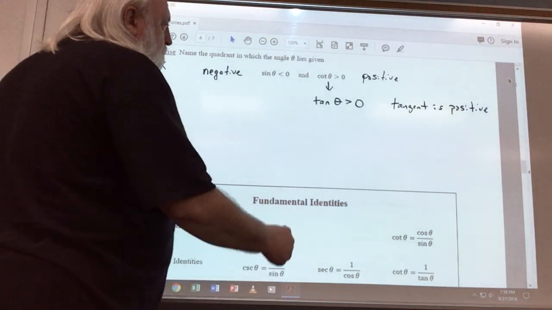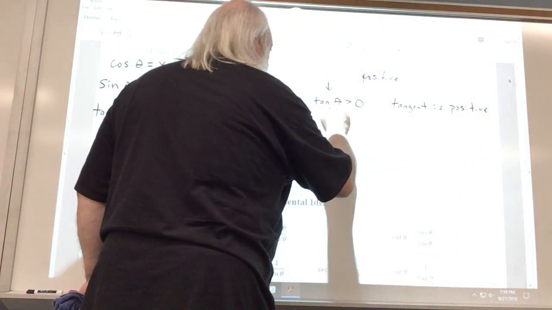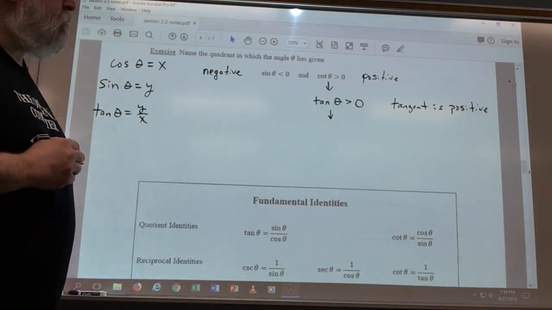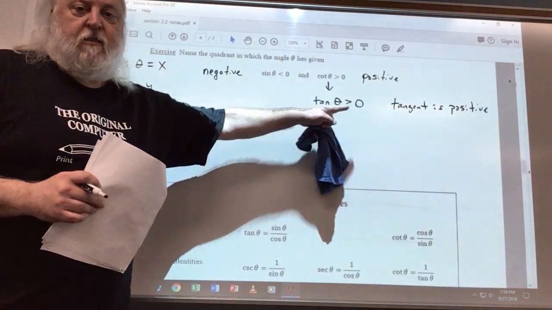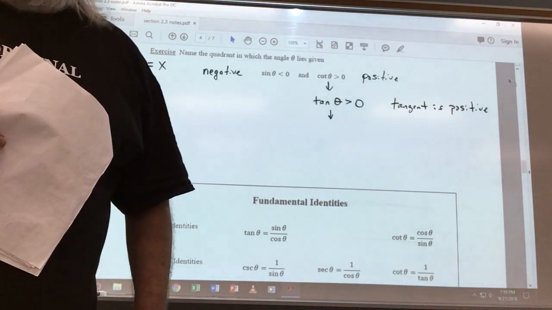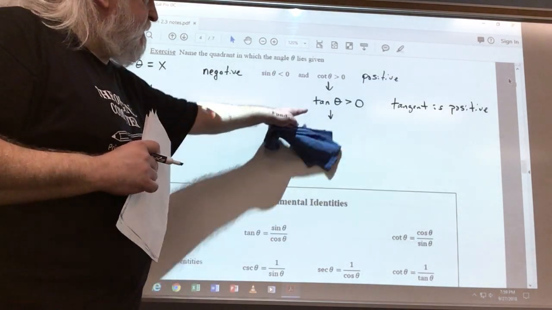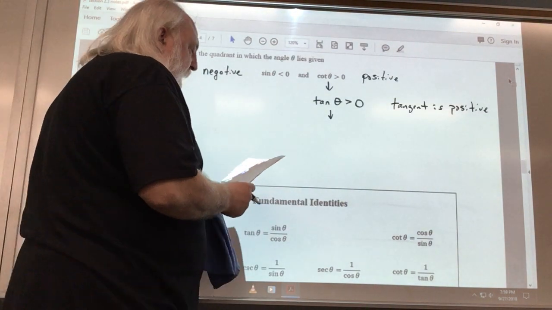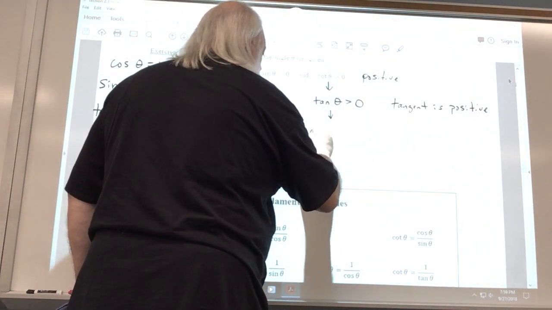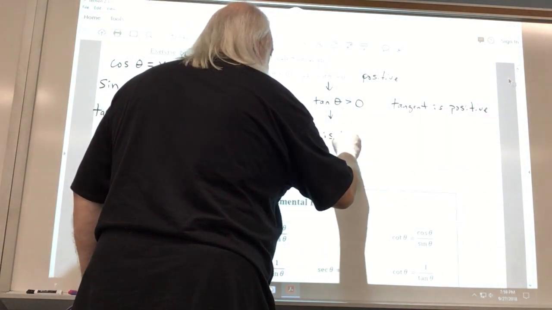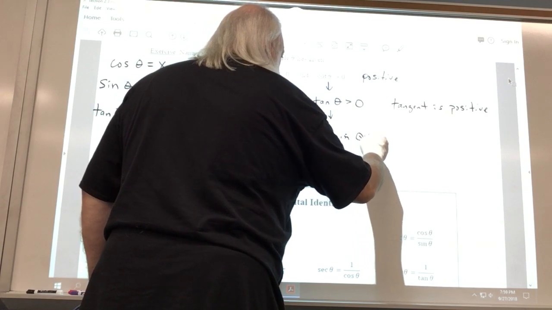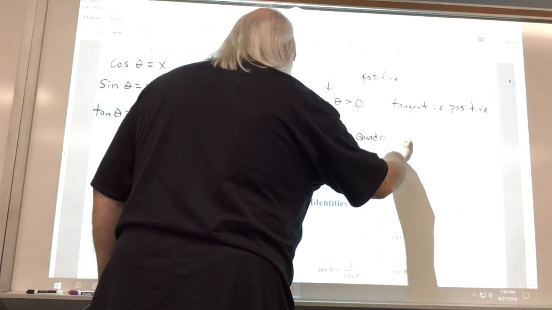Well, if the tangent function has a positive value in this example, what quadrants must the angle theta come from? Well, the tangent function is positive in quadrant 1. So theta could come from quadrant 1.